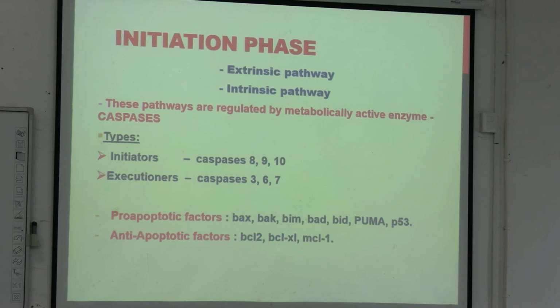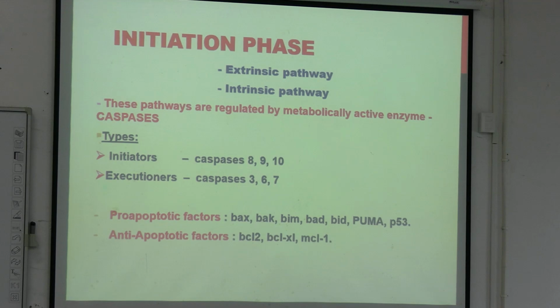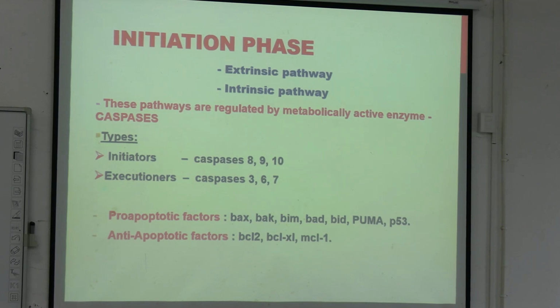So in a living cell, these two types of genes and genetic products maintain a balance. A normal homeostasis is maintained between these two genetic products.